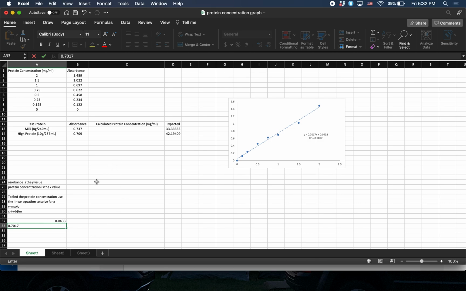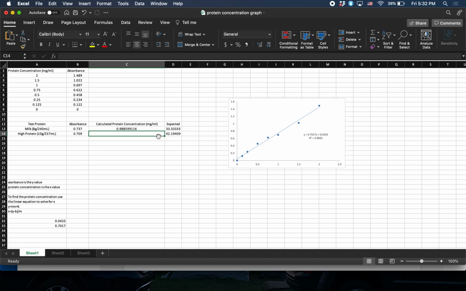So I'll take my absorbance, and here in Excel you just hit equals to create an equation, parentheses, our absorbance for milk subtracted by b, close your parentheses, and then divide that by your slope. This is the number we have.